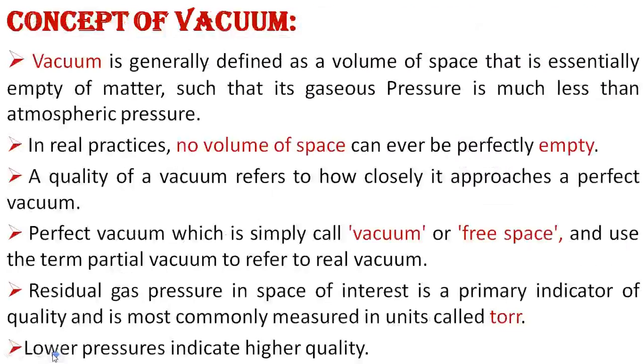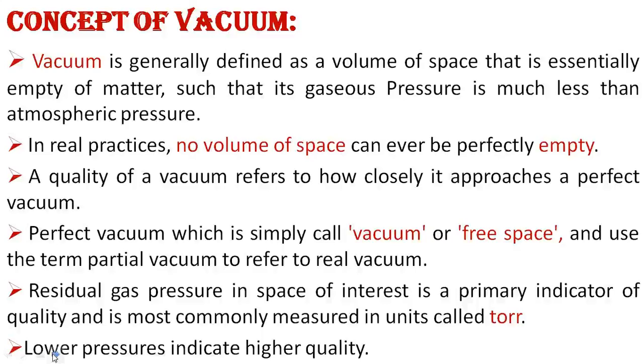Now the next concept is the concept of vacuum. Vacuum is generally defined as a volume of space that is essentially empty of matter, such that its gaseous pressure is much less than atmospheric pressure. In real practice, no volume of space can ever be perfectly empty. The quality of a vacuum refers to how closely it approaches a perfect vacuum.